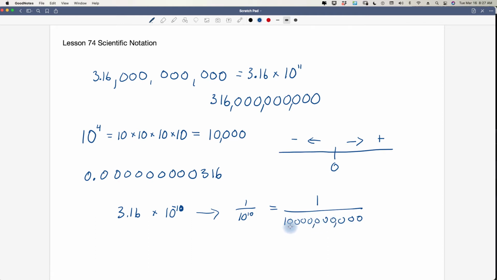Let's put our commas in. That is what that equals. 10 to the negative 10 does equal this. And when we multiply it times the whole number, 3.16 over 1, we end up with 3.16 divided by 10 billion.